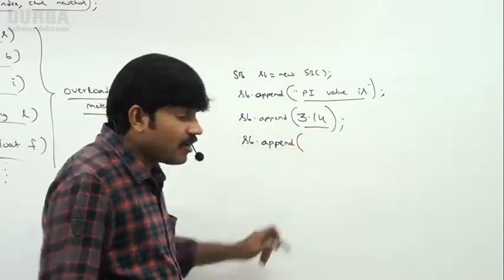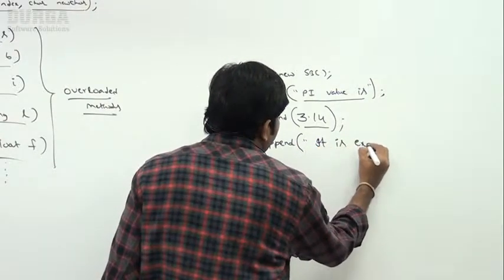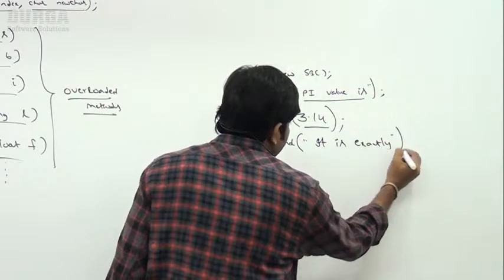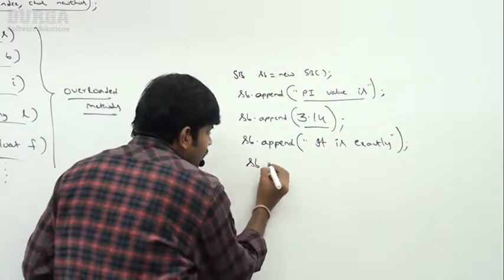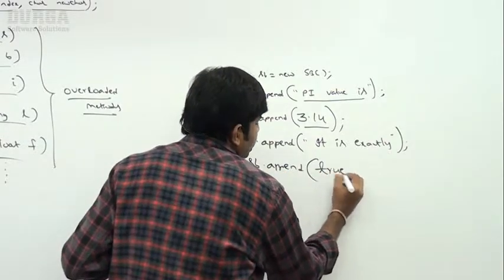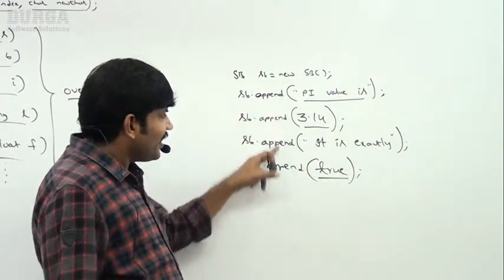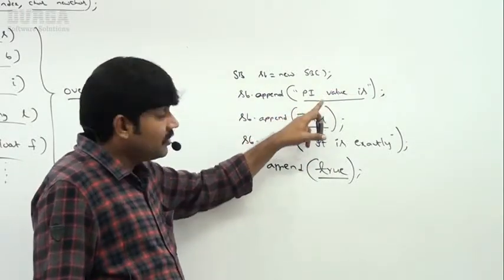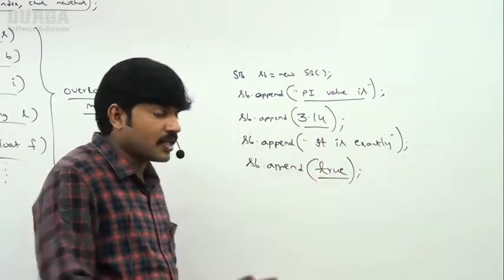SB.append of "it is". Exactly again a string argument. SB.append of true I'm taking, sir. True means a Boolean value. Are you getting? So the method is the same. Sometimes a string argument, sometimes a double argument, sometimes a string argument, sometimes a Boolean argument.